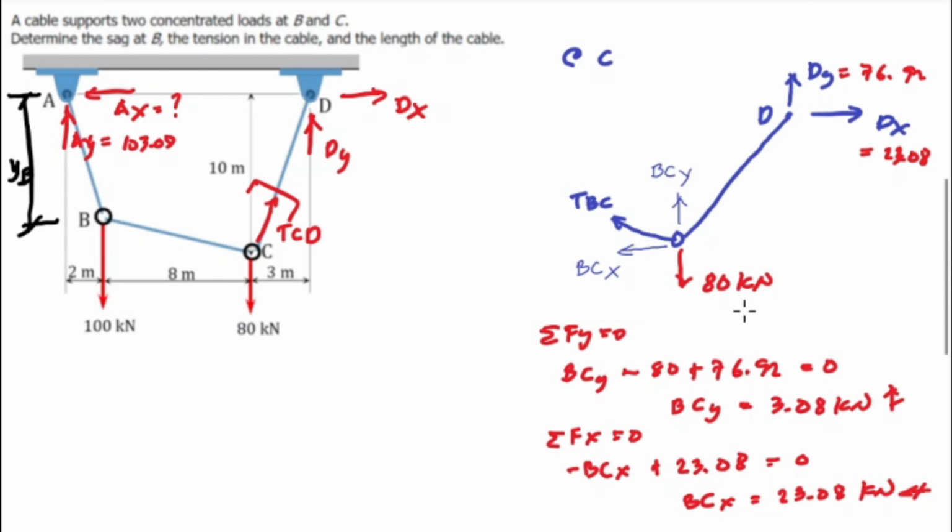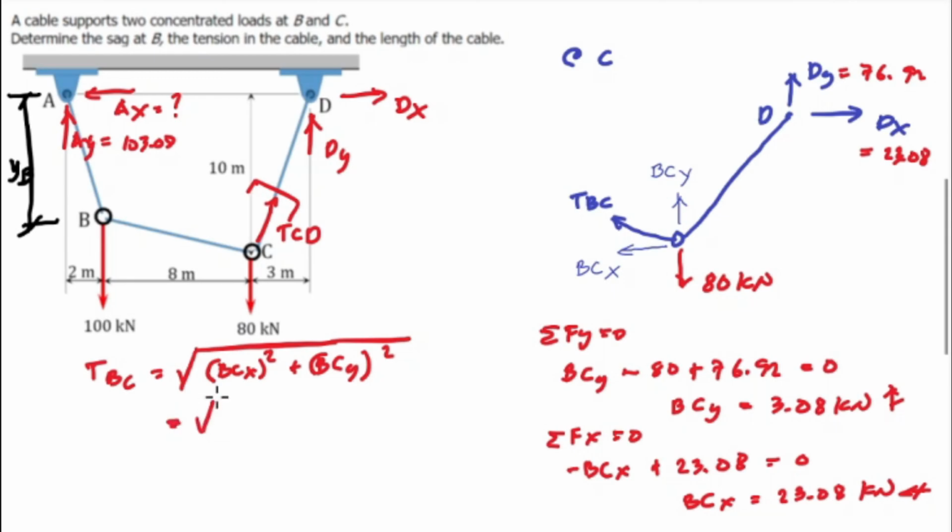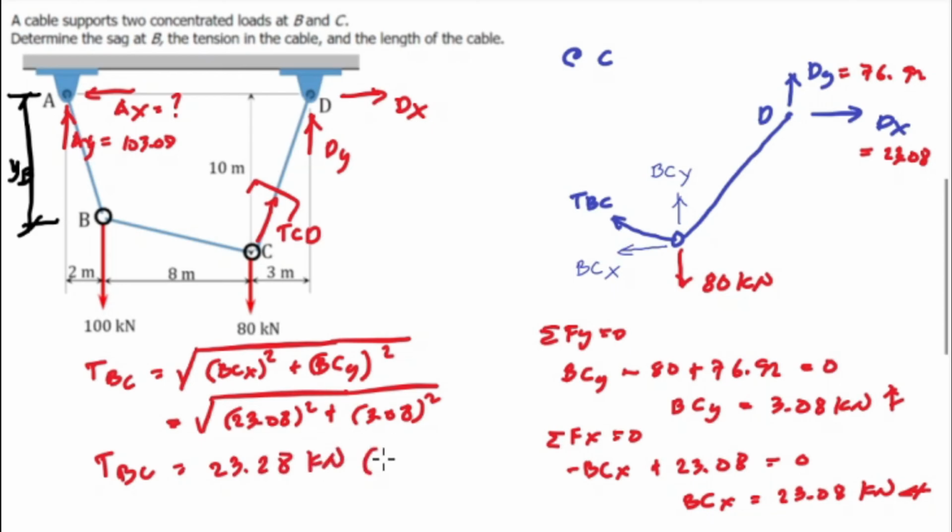So we have now BC of y and BC of x, the components for TBC, and using Pythagorean theorem, we have TBC is equal to the square root of BC of x squared plus BC of y squared, and substitute, so square root of BC of x, that's 23.08 squared, plus BC of y, which is 3.08 squared, and the value for TBC is equal to 23.28 kilonewton, and it is in tension.